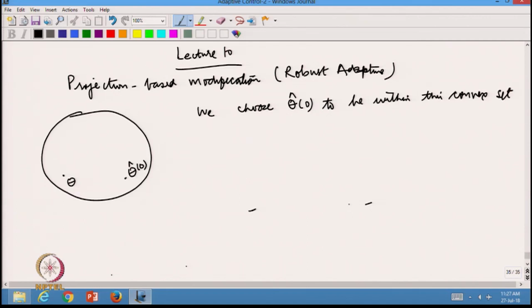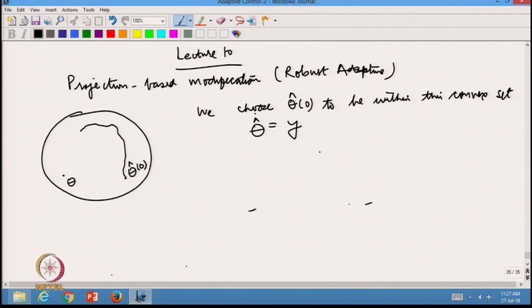Okay. So, then as I mentioned in the previous class, theta hat will update based on the adaptation law derived using Lyapunov analysis for the unmodified case. So, let us say that that law was theta hat dot equals say y. Okay.